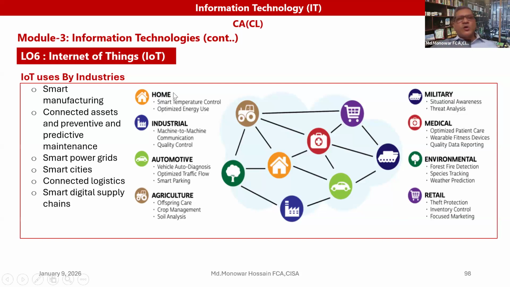For example, at home we use it for smart parameter control and optimized use, and industrially we use machine-to-machine communication, quality control, automatic vehicle diagnostics, smart parking, etc. On the agriculture side, we also use it. On the military side, situational awareness and threat analysis through IoT. Medical use, environmental use, and retail shops also use these types of devices for theft protection, inventory control, focused marketing, etc.